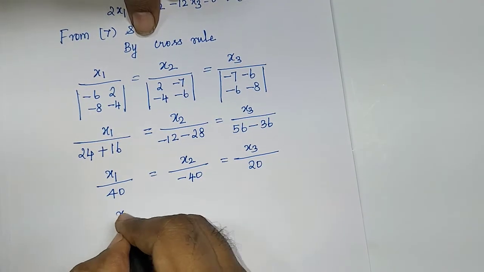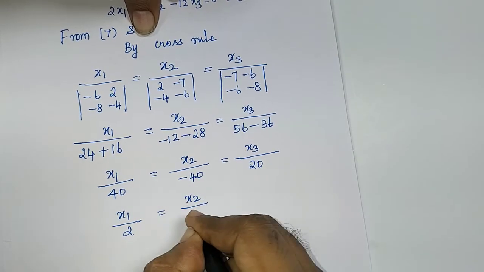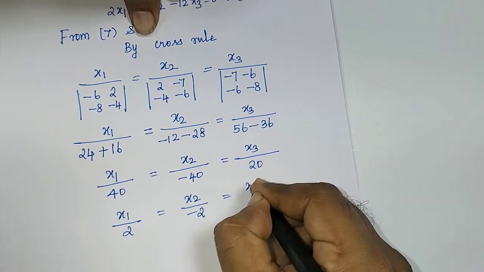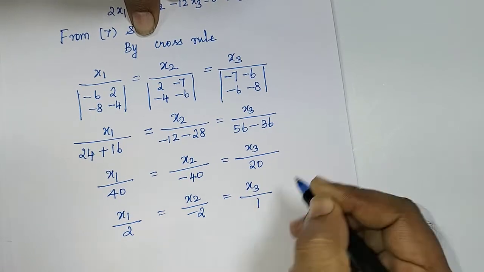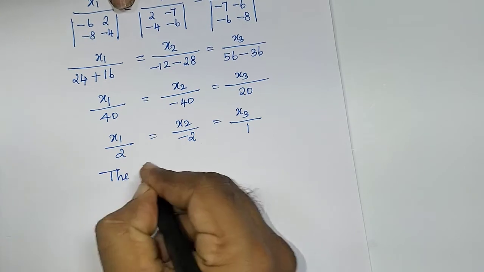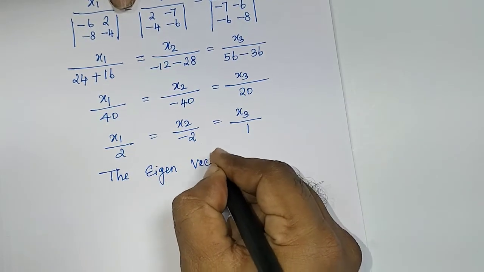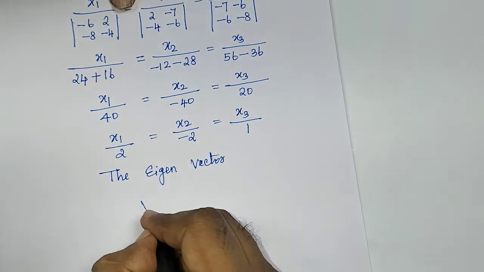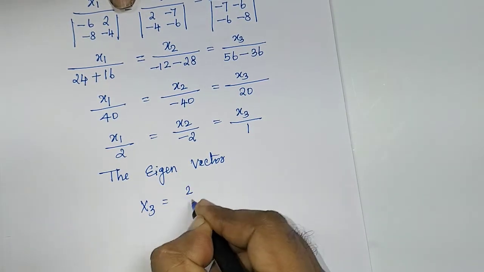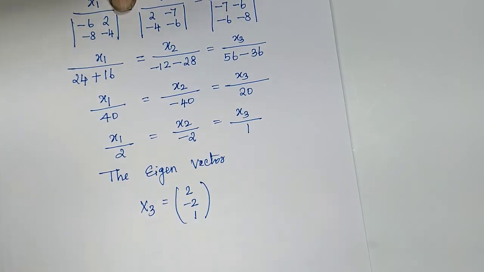You will get x1 divided by 2 and x2 divided by minus 2 and x3 divided by 1. So therefore our third eigenvector is x3 equal to 2, minus 2, 1. This is our third eigenvector. Okay.